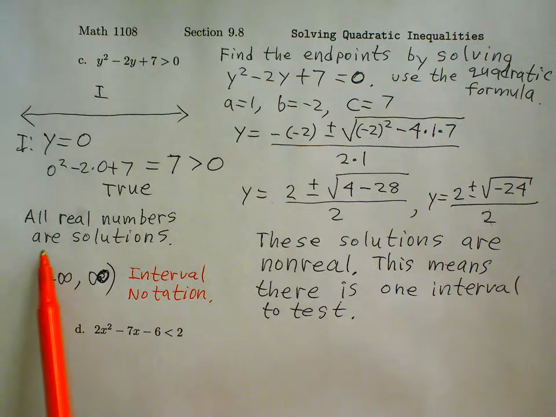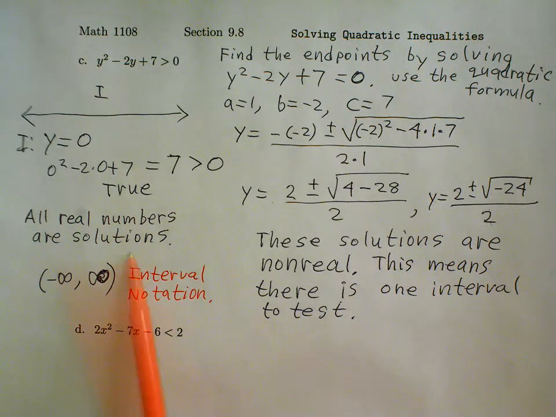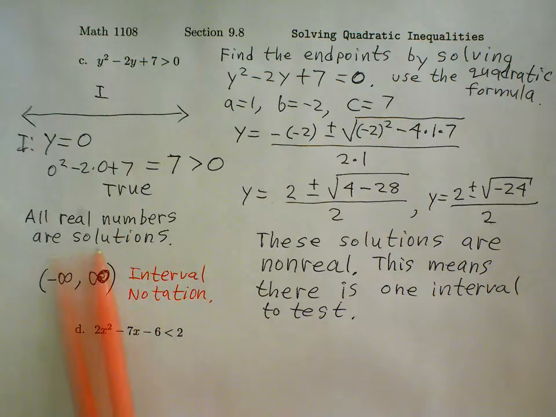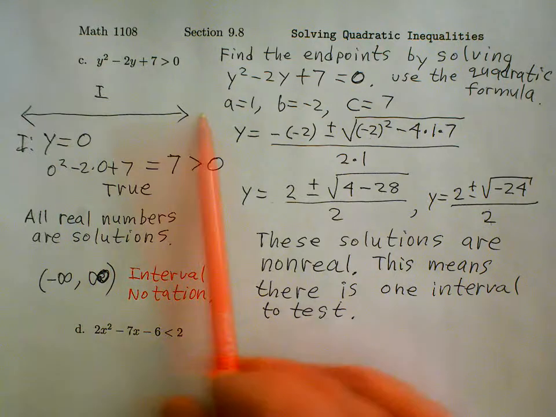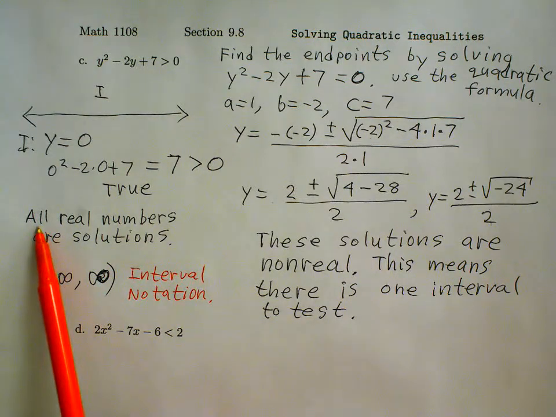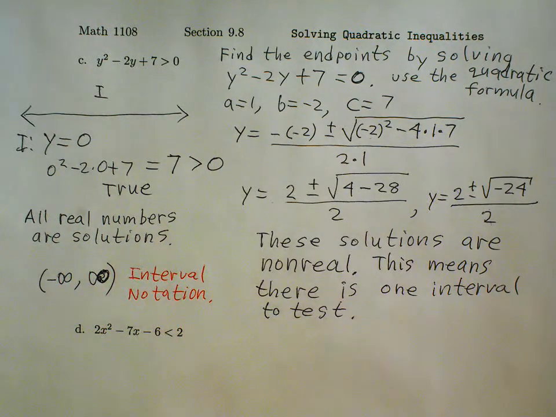And there's really not a very nice algebra. Well, we could dispute about whether it's nice or not, but when every real number is a solution, we just say all real numbers are solutions. But there is an interval notation for that, negative infinity to positive infinity.